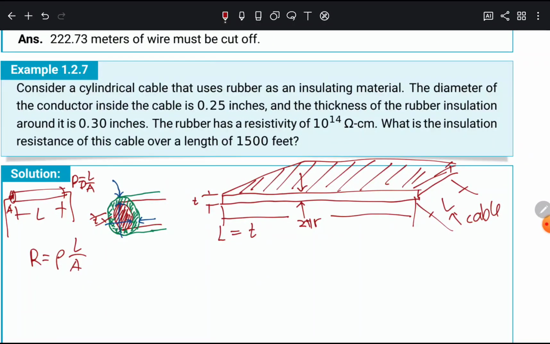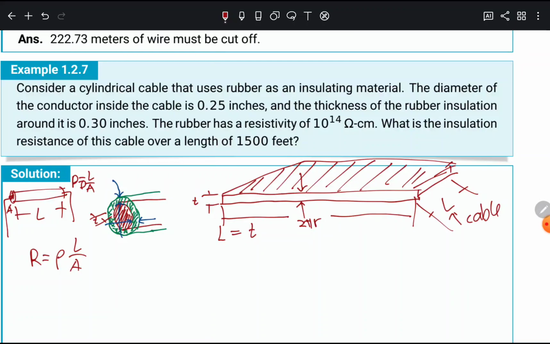And just like what we did in our previous example, to be precise, we'll be using calculus to do that, and we will take the limit from the inside radius or diameter up to the outside diameter, so that the resistance will be more accurate than just taking the average or just choosing one radius, the inside radius.